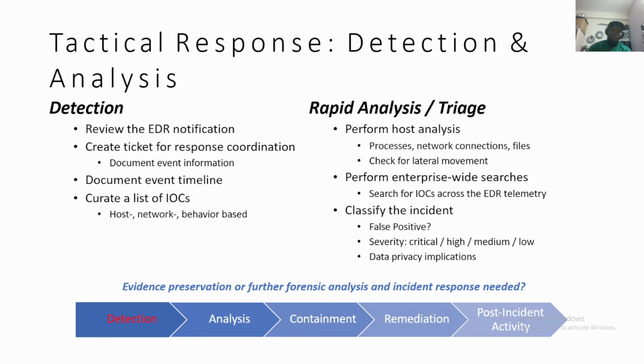And even while searching for the IOCs enterprise-wide, you may correlate this information. You may find some piece of information here that will build up the context around it, and that can tell you if it is a malicious activity or not. So that's very important.